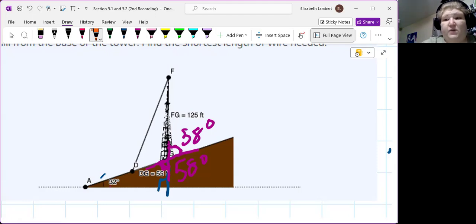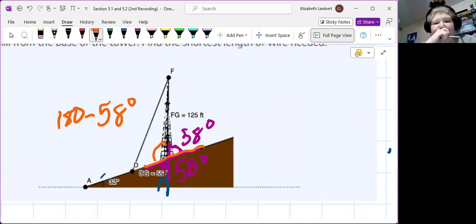I don't have any way to figure out this angle at D or this angle at F, but knowing this is 58 degrees and that this is a straight line tells me that that is going to be 180 minus 58, which should be 122.